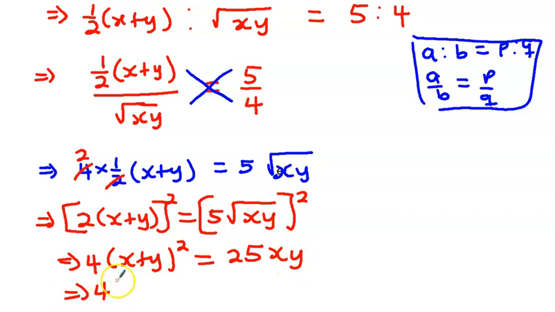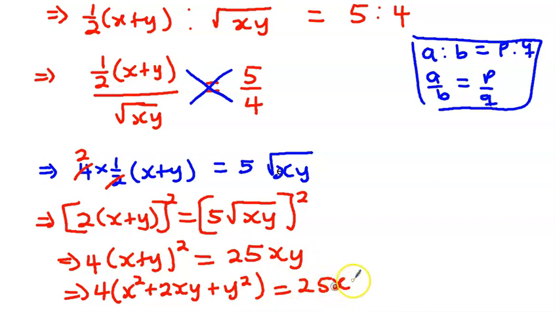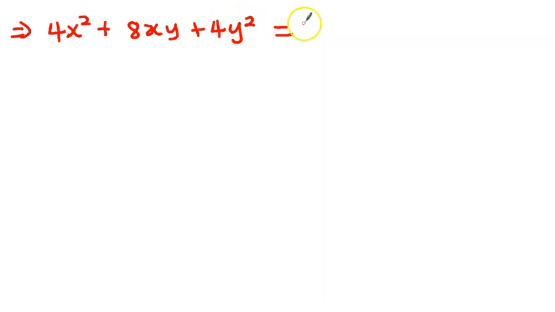Now we can continue to simplify. So this will be 4 times (x squared plus 2xy plus y squared), that is, when we expand this, is equal to 25xy. So let's continue to simplify. We multiply through by 4. We have 4x squared plus 8xy plus 4y squared, and this is equal to 25xy.